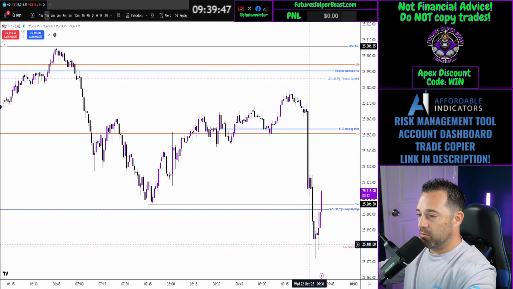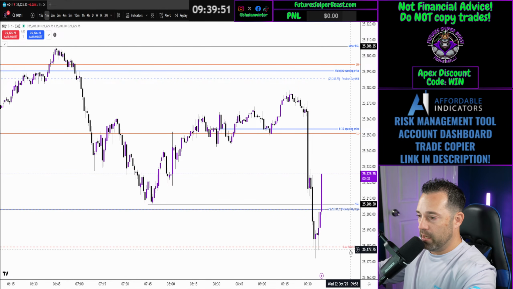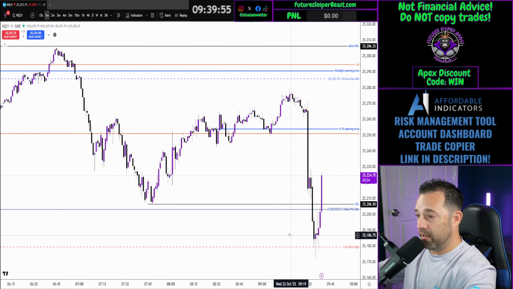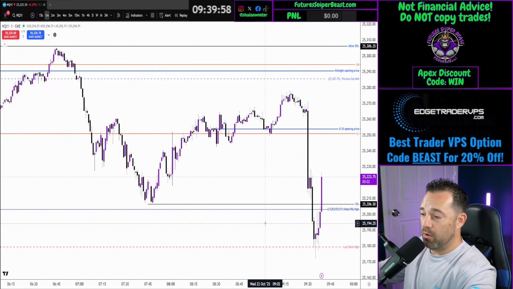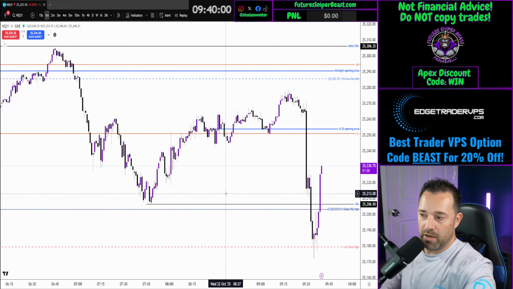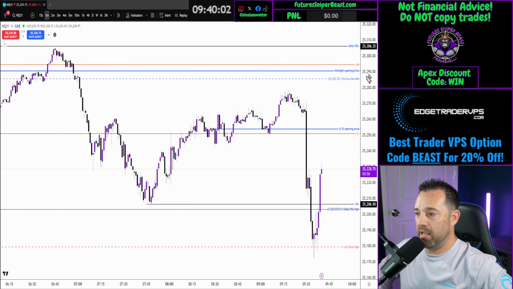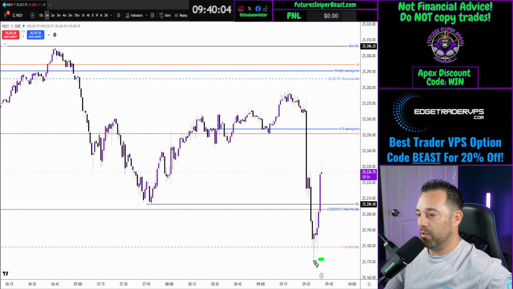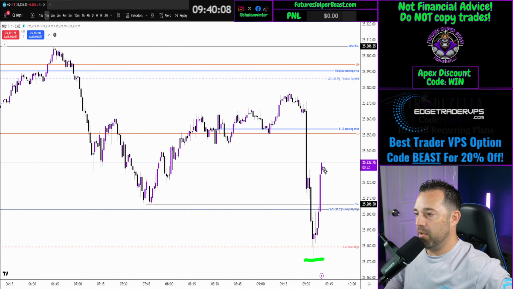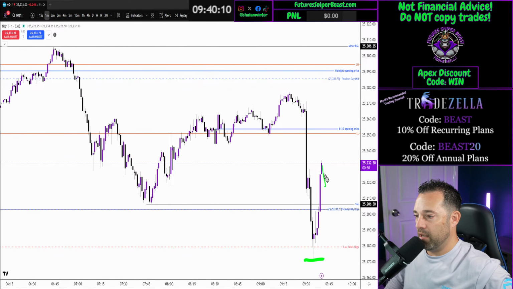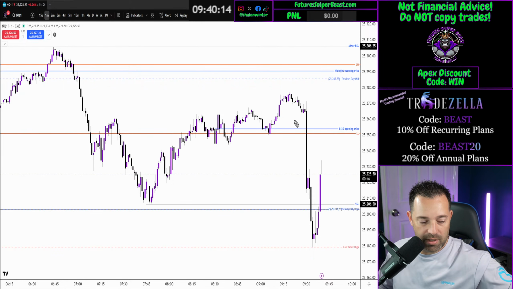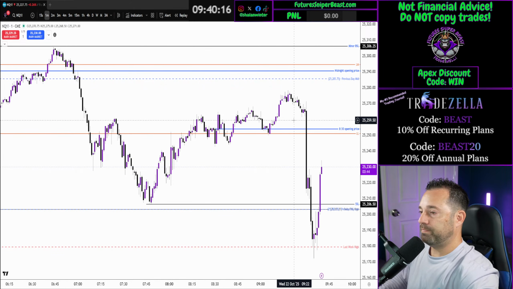So I like this reaction. We dipped right into that daily fair value gap. We hit the high of the inversion, and look at the reaction. I like that. Now, I have to be careful of a potential stop run. As I said yesterday, there's times that it'll come back down and make another stop run and then give you the shift in structure and everything.